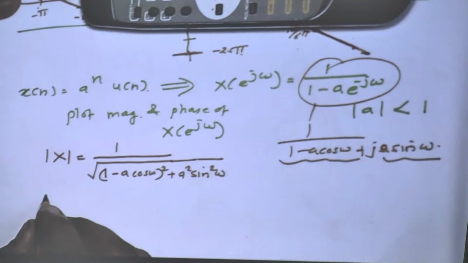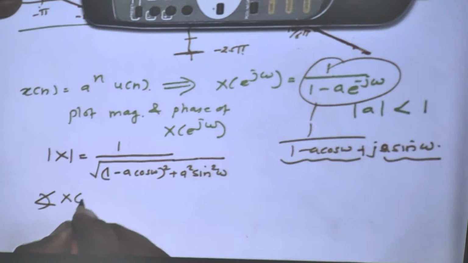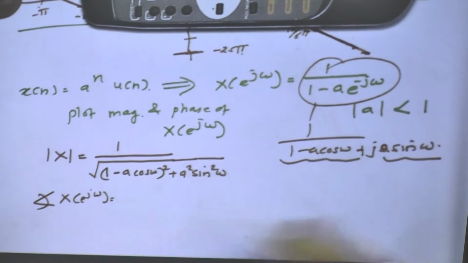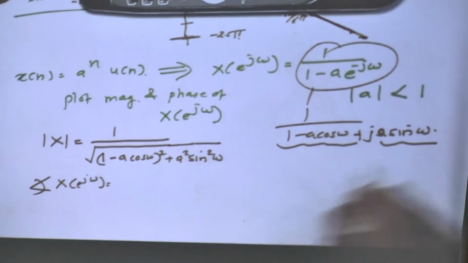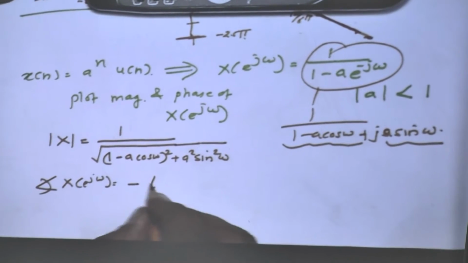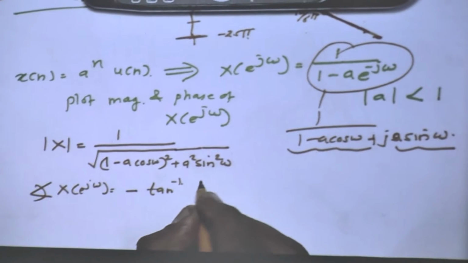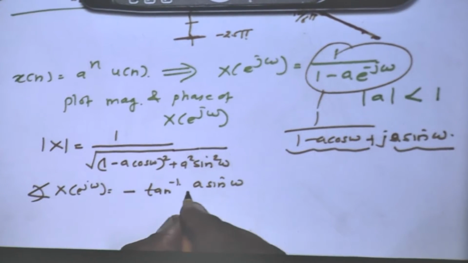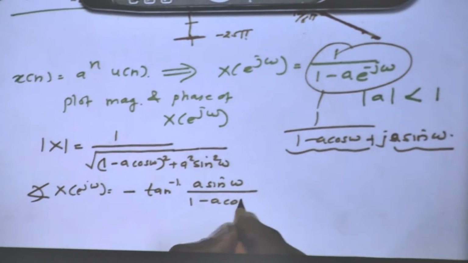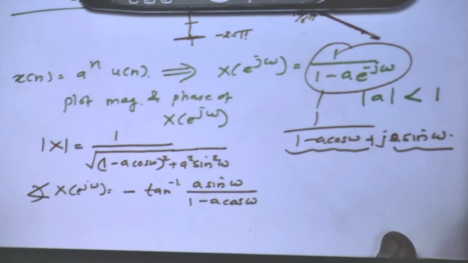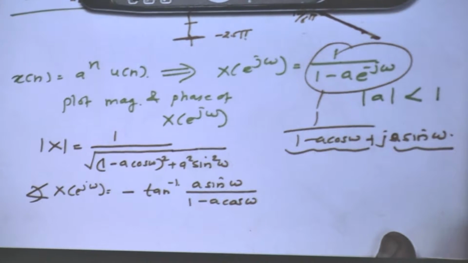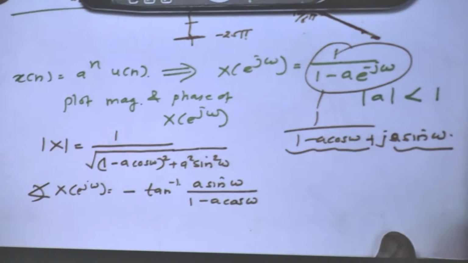And what is the phase? Argument of X(e to the power j omega) is, since this is in the denominator, it becomes minus tan inverse a times sin omega divided by 1 minus a times cos of omega. Okay?